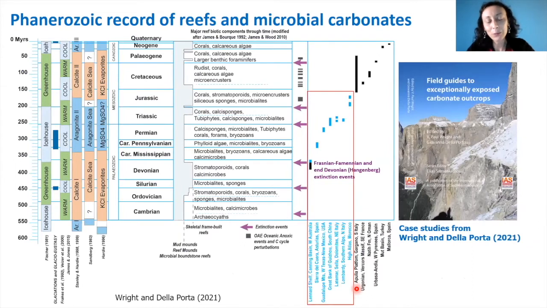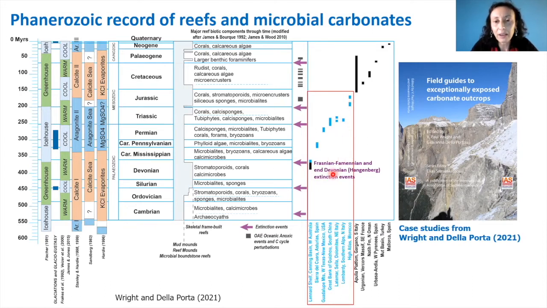Now, going back to our case studies and the core of this presentation, this diagram shows the key case studies presented in this volume of the field guides that include examples of microbial carbonates, here indicated in blue, and the bars show their temporal extension through time from the late Devonian to the Jurassic.